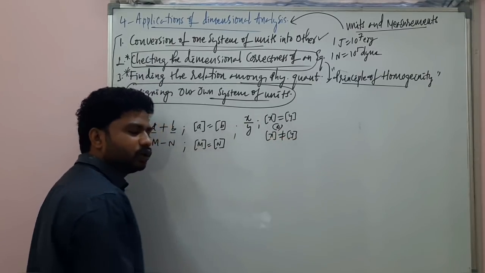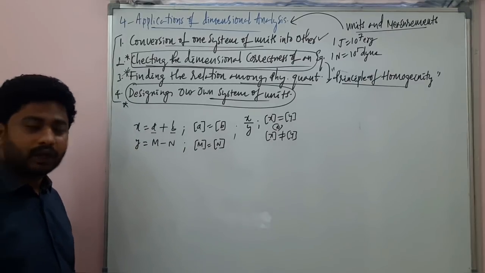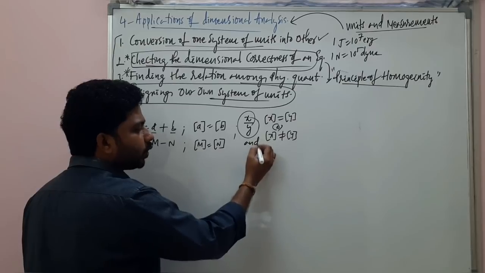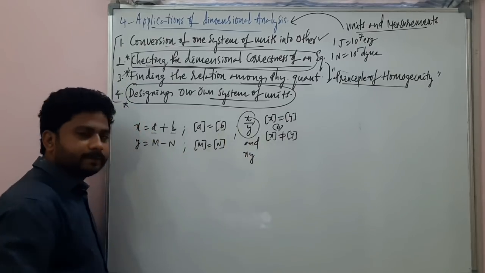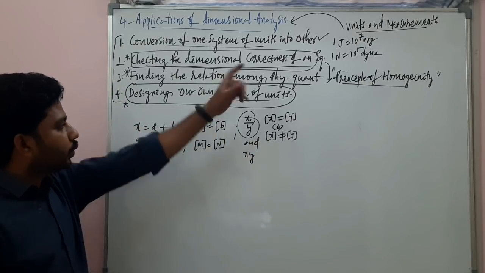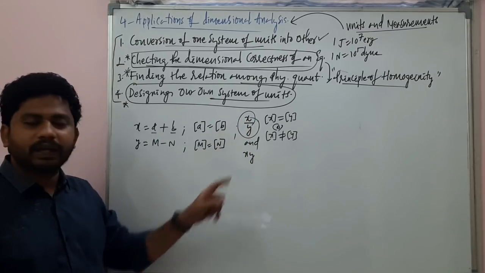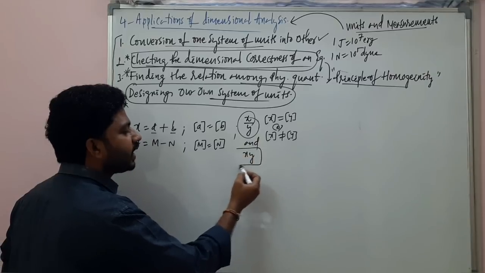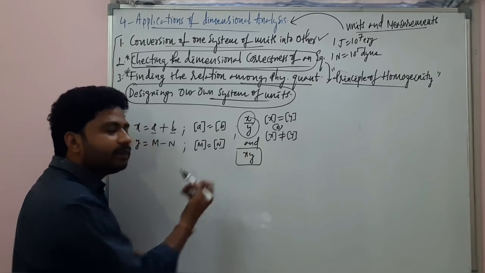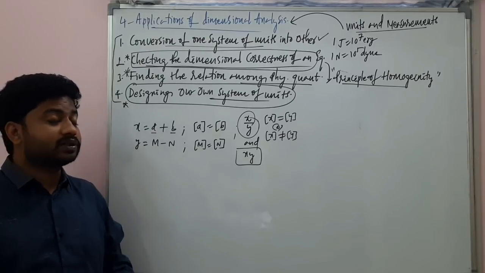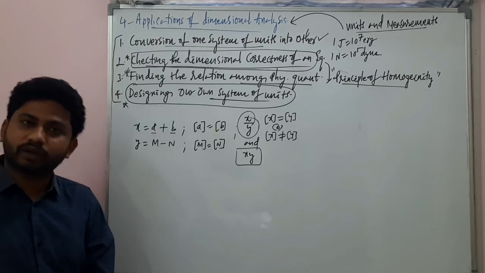My dear students, I hope you got the point. Not only for division but for multiplication also, if I write x into y, there are two physical quantities which we are multiplying, and there is no condition that these two must have the same dimensions. They may or may not have the same dimensional formula.